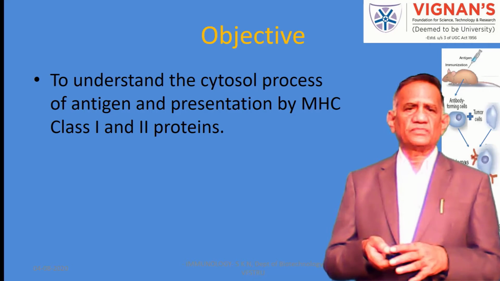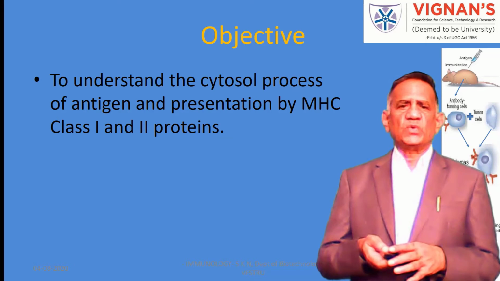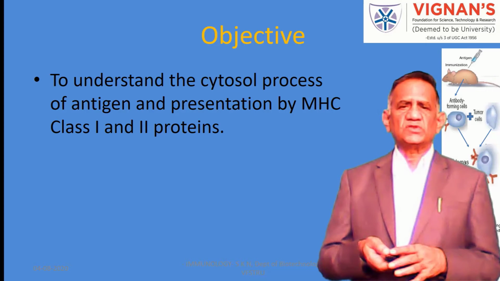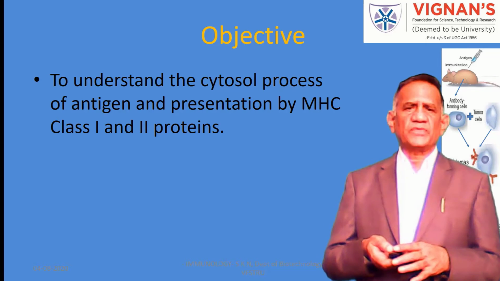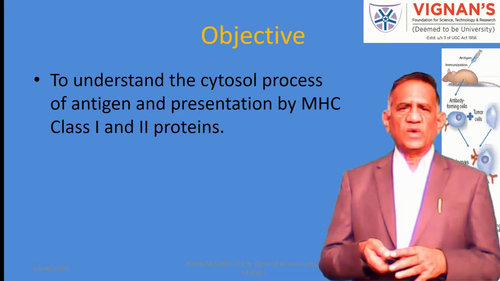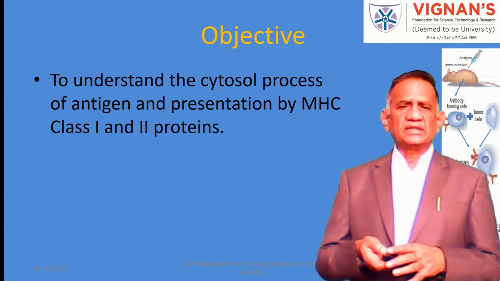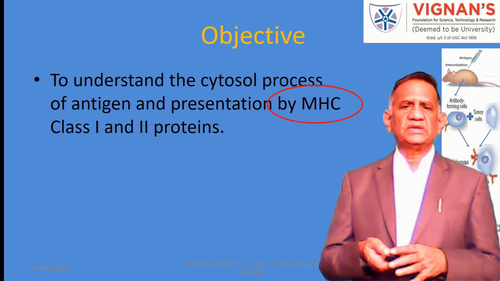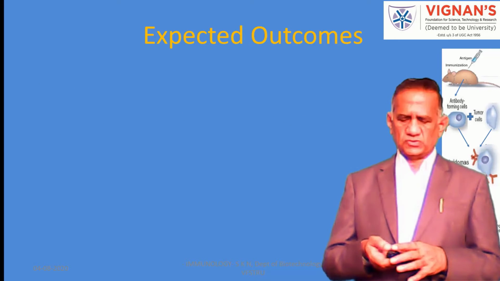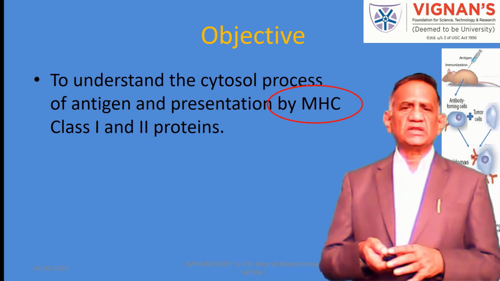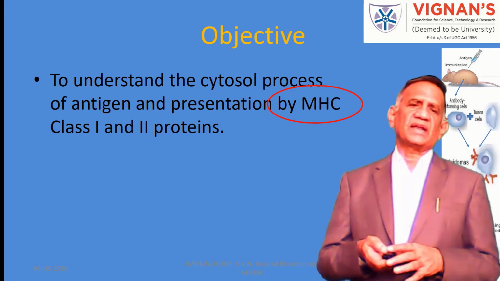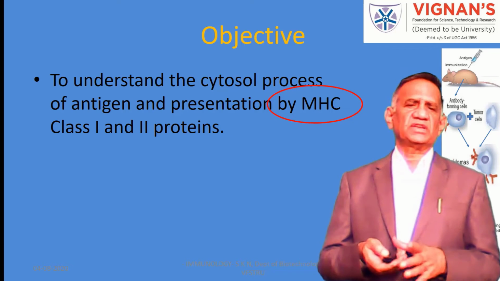Now let us see the objective: to understand the cytosolic processing of antigen. The cytosol is the cytoplasm of a cell wherein the antigen is processed. Once the process is completed, the products are presented by MHC class 1 and class 2. MHC means major histocompatibility complex of class 1 and class 2, which are distinct proteins.